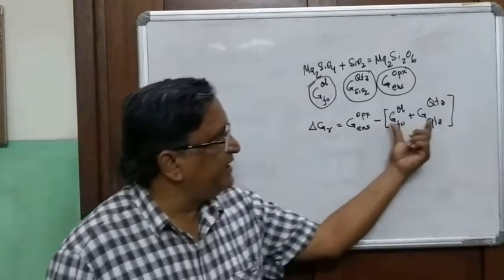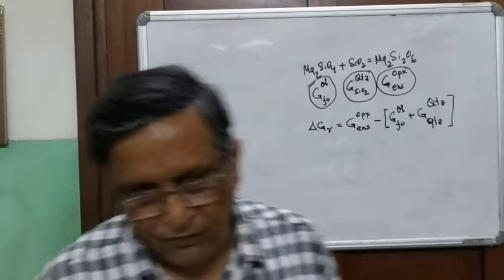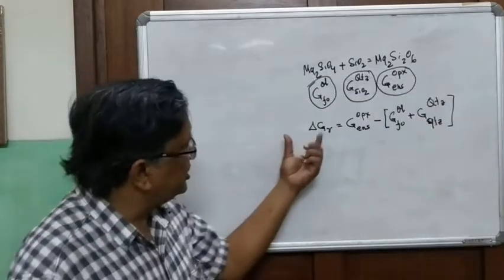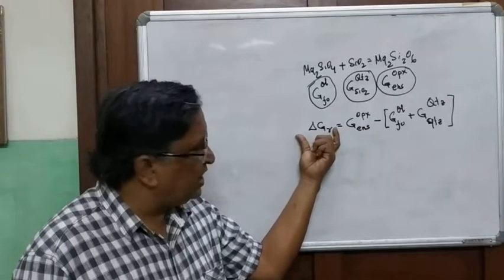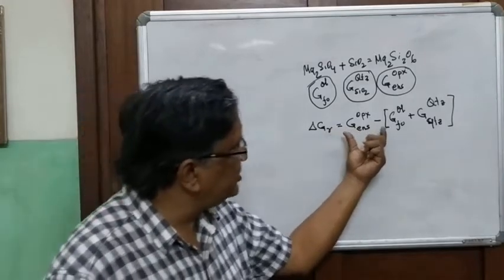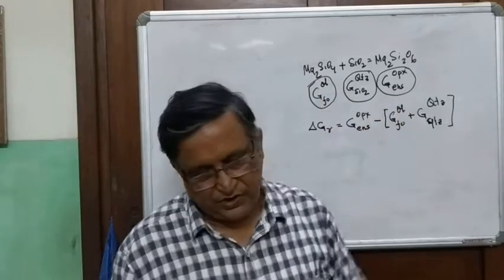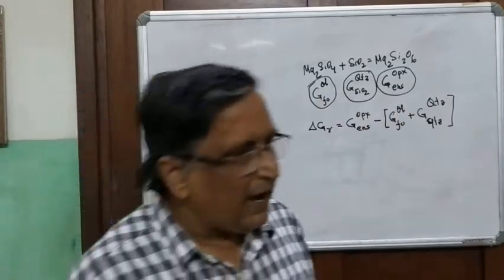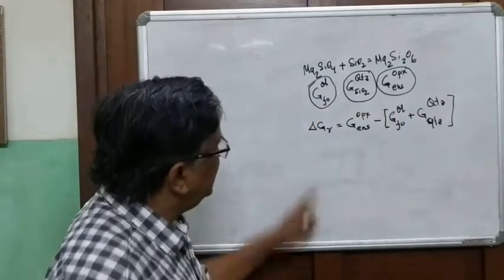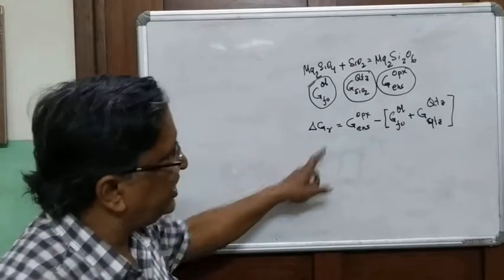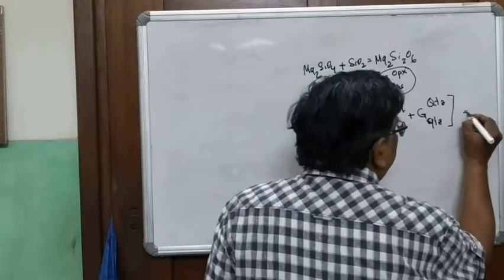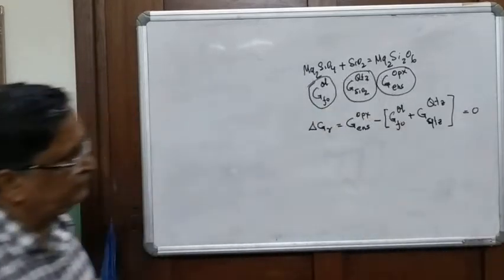Product minus the reactant. Have you understood? So this is the total free energy of the reaction, delta Gr, equal to G enstatite minus G forsterite minus G quartz. Now at equilibrium, delta Gr, the free energy of the reaction, is equal to 0.